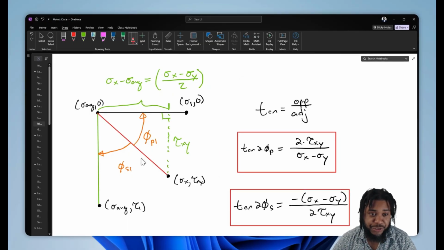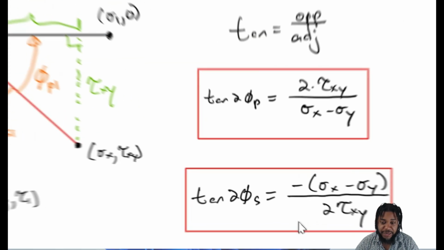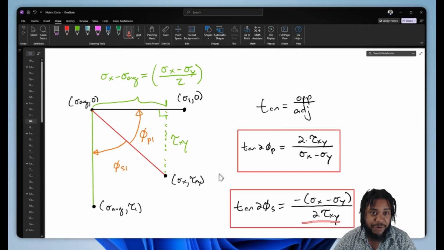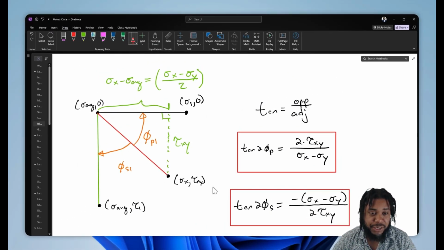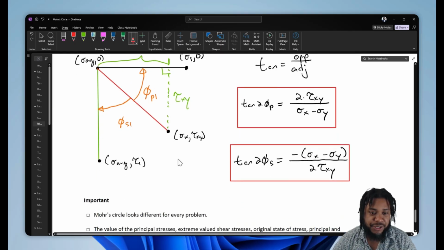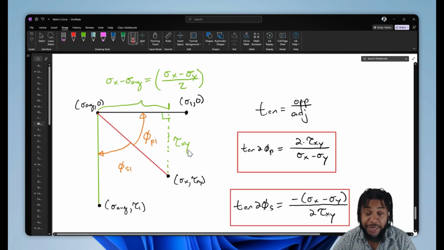Similarly, we can do a little bit of trig to find the angle for phi s, where tan of 2 phi s is equal to negative sigma x minus sigma y divided by 2 times tau xy. So we can rearrange and solve for those angles using trig. And that's pretty much it.